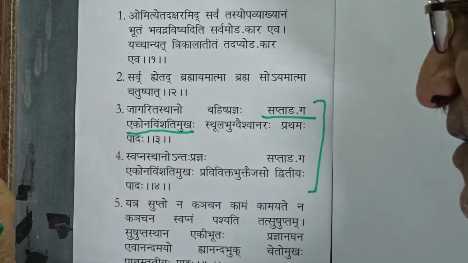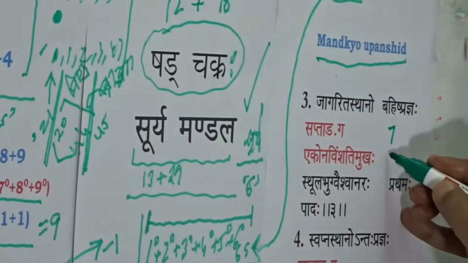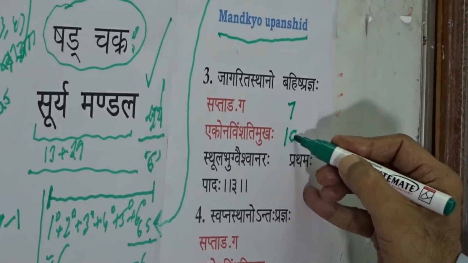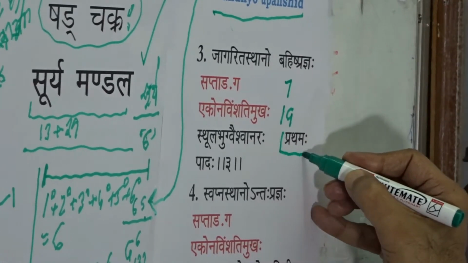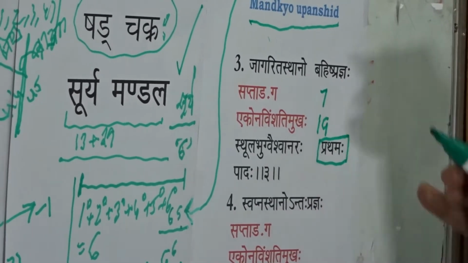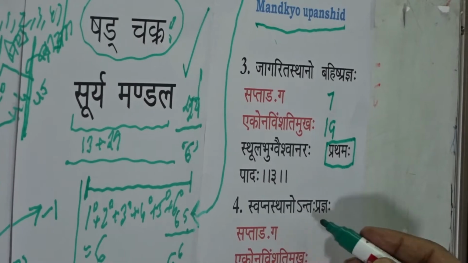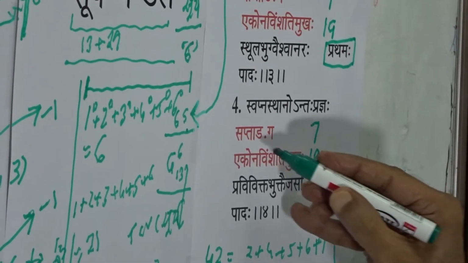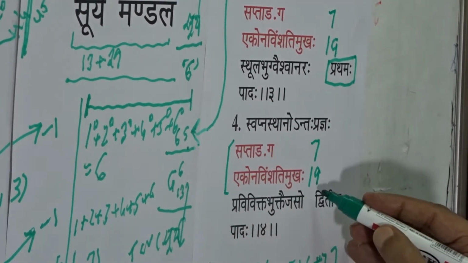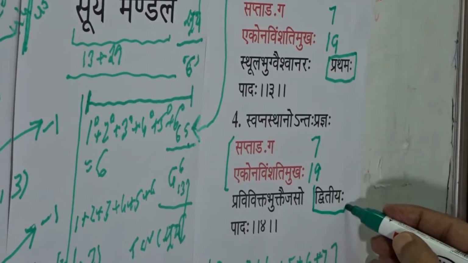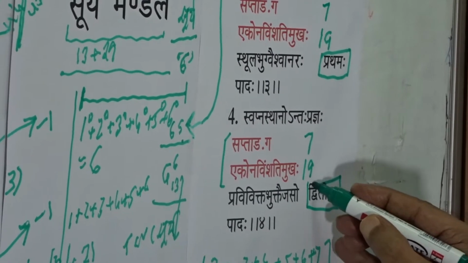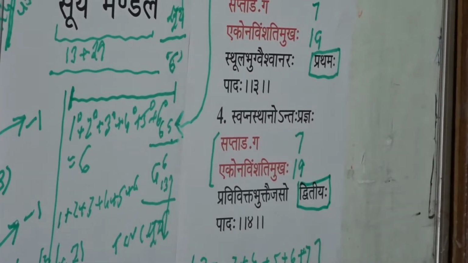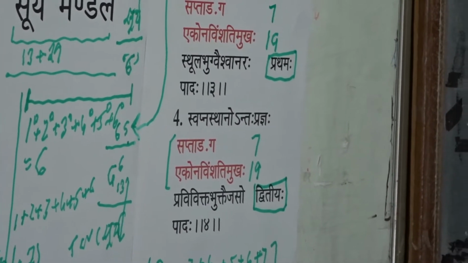That means values 17 and 19 are being focused here in Prathama, the first consciousness state. Likewise, values 7 and 19 are being focused in respect of the second consciousness state as well. It is this feature as to how values 7 and 19 are interconnected.